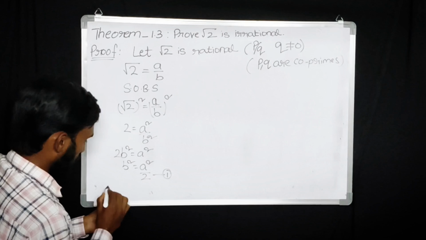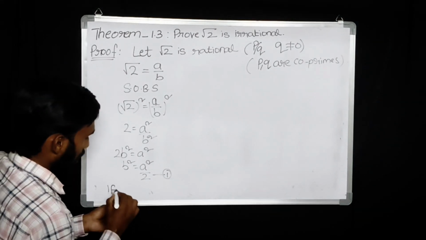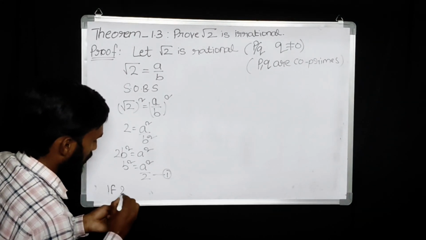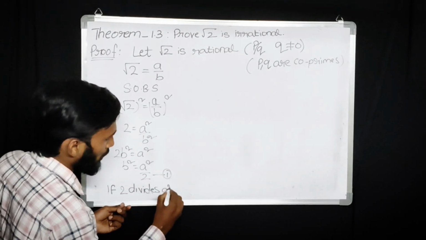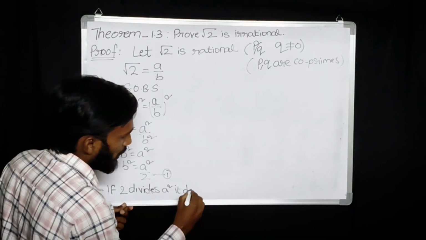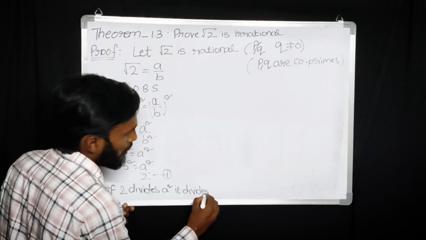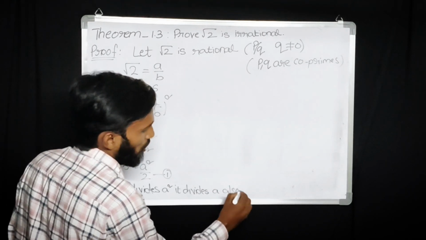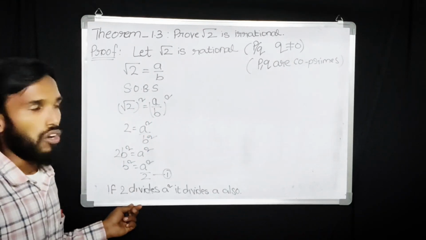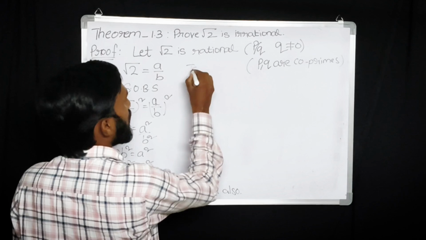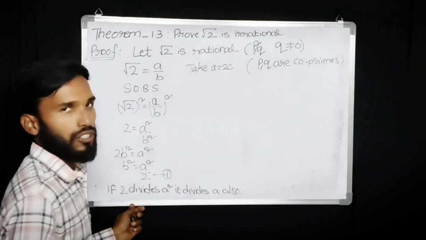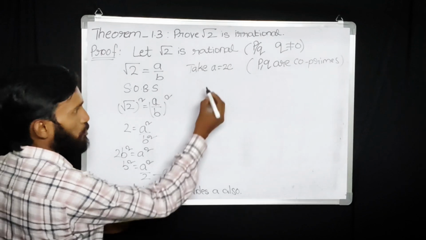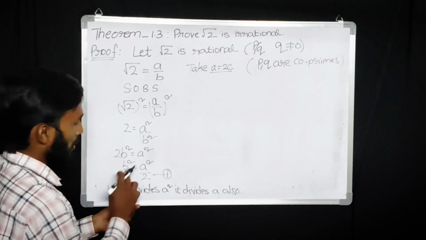So let us write, if 2 divides a square, it divides a also. So take a is equal to 2c for some integer c. Now substitute this a in here.